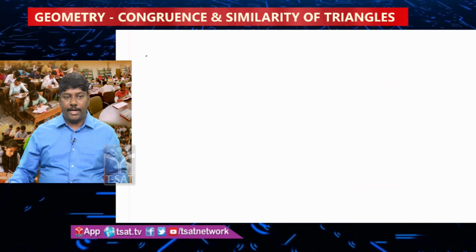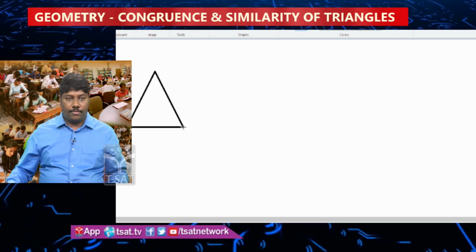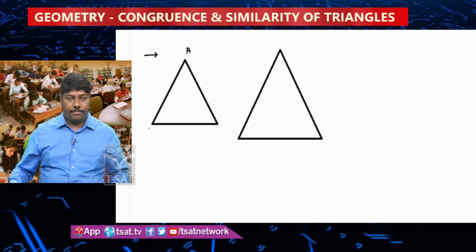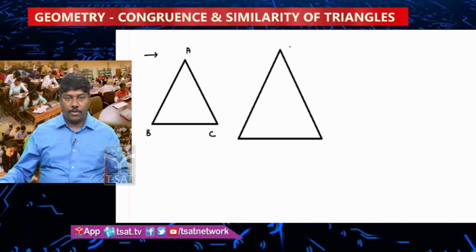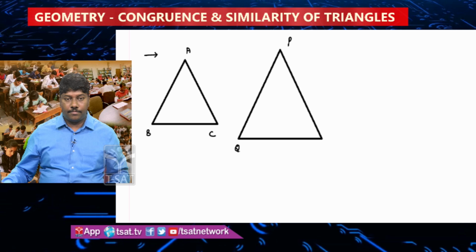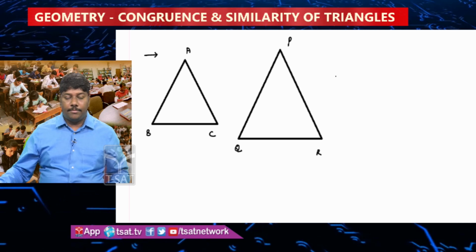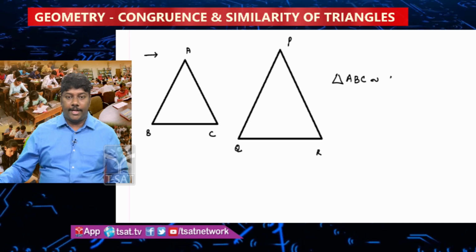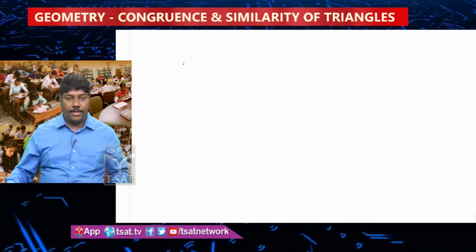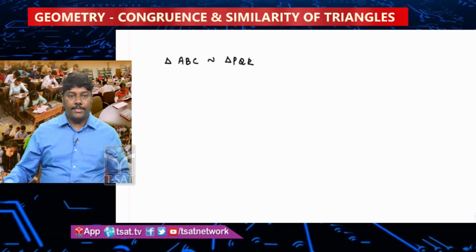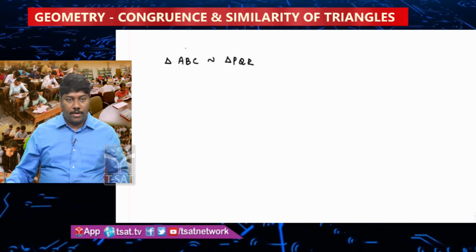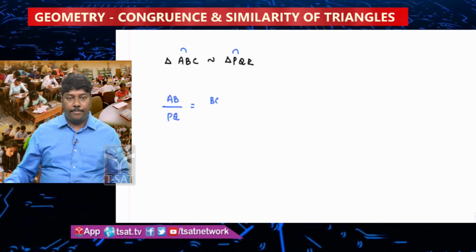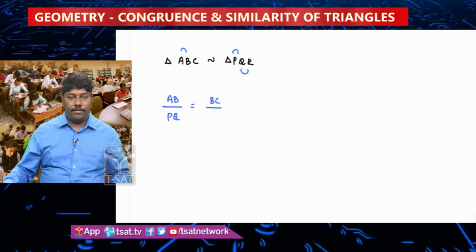What happens when two triangles are similar to each other? Just taking two similar triangles, we are taking ABC and PQR, and I am saying triangle ABC is similar to triangle PQR. If triangle ABC is similar to PQR, we can say AB by PQ is equal to BC by QR.